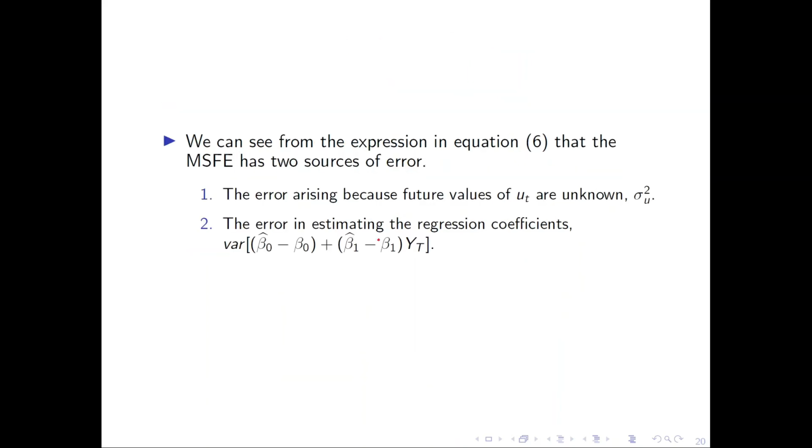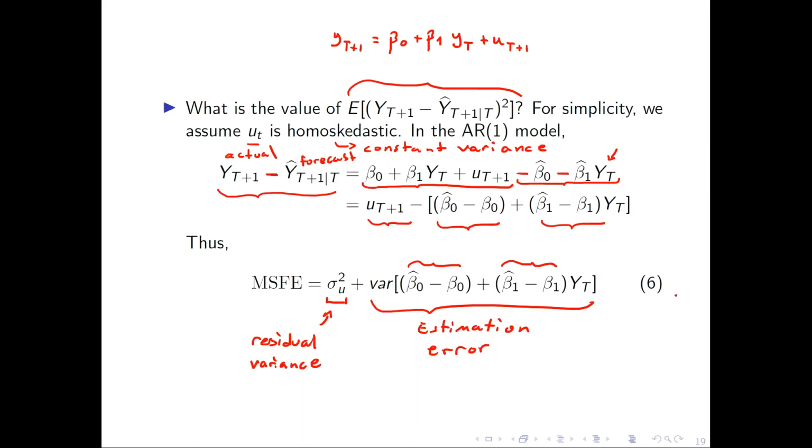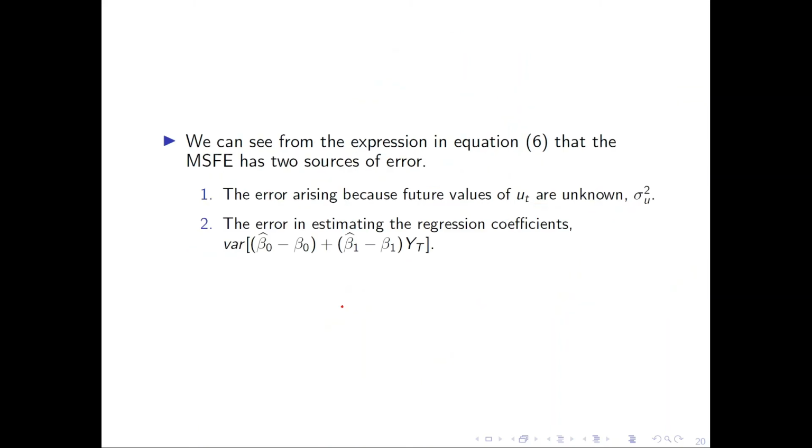So what we mentioned is that the expression in this equation can be used to show that the mean squared forecast error has two sources of error.